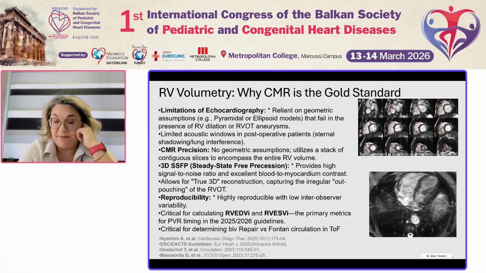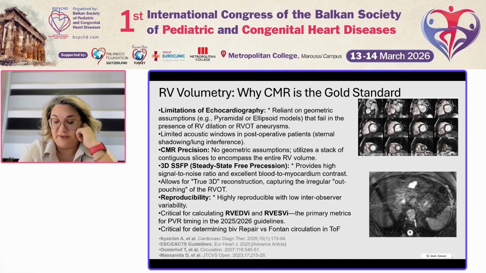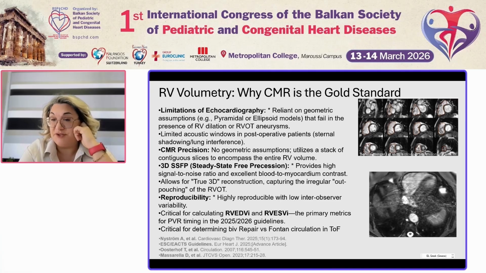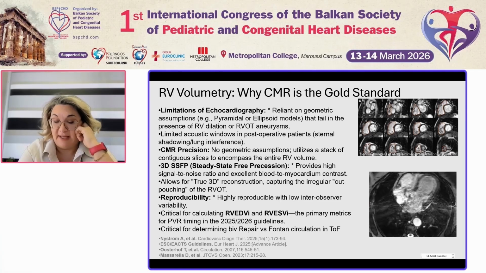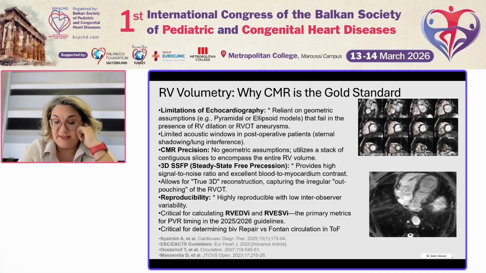It is very important in congenital cases, where we can frequently encounter outpouching or aneurysms of the RVOT and abnormal anatomies, and it provides a high signal-to-noise ratio, excellent blood-myocardium contrast, and allows true 3D reconstruction.